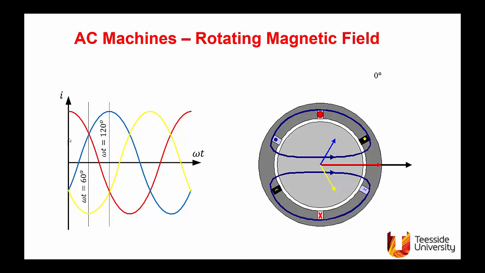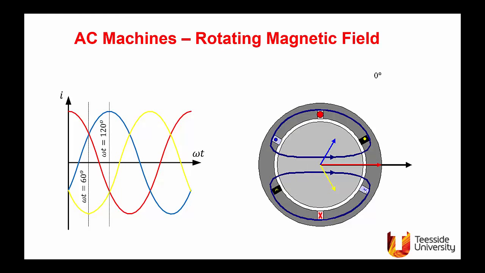The red current is twice the magnitude, so it's that. Add the 3 vectors together, you end up with the resultant magnetic field. What is shown here in the solid lines is the effective combination of currents.